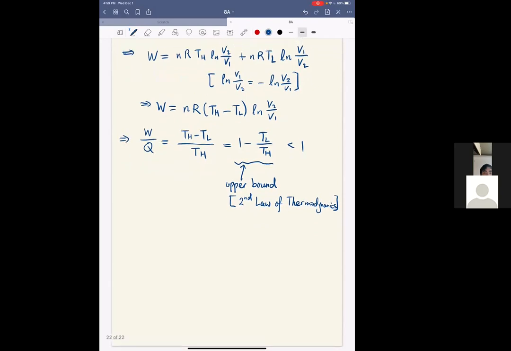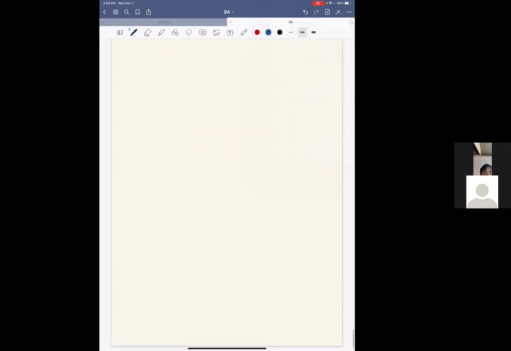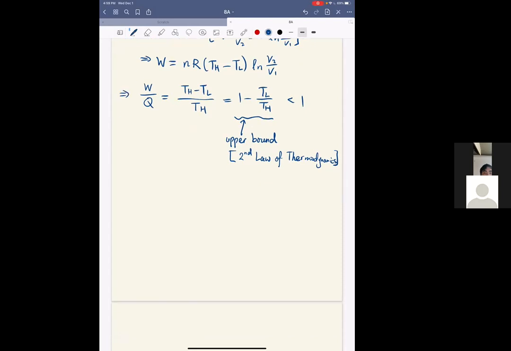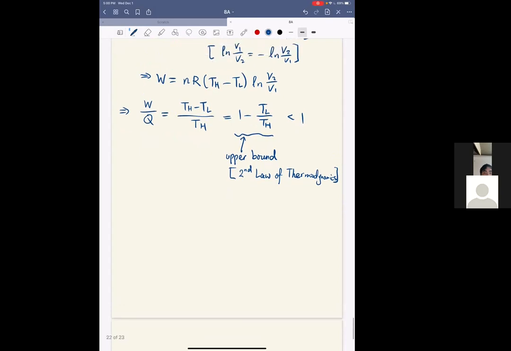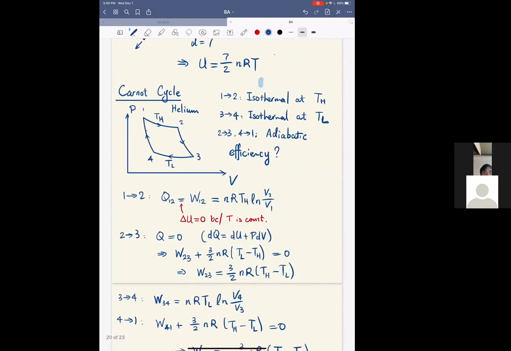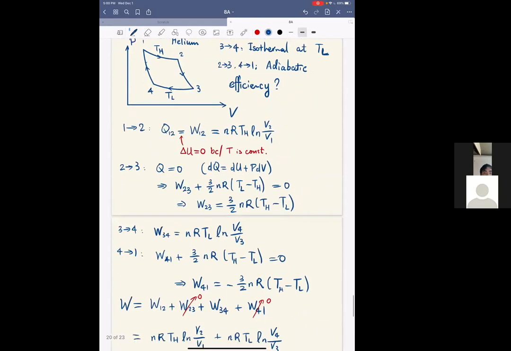This actually has something to do with arguments involving entropy, which is another way of saying the second law of thermodynamics. So this is physically very deep. All right, so here ends the Carnot cycle. I hope that gives you a way of illustrating how we can deal with PV diagrams.